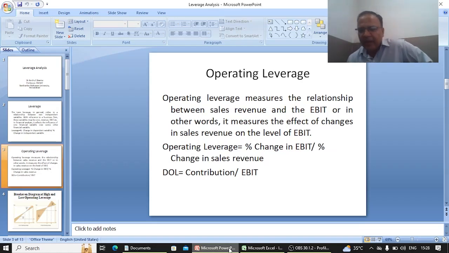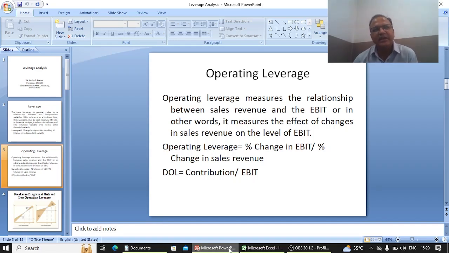Now, leverage may be bifurcated in this way. If we have to find out leverage for a business, there are two types of leverage. First is operating leverage and second is financial leverage. Now, what is the meaning of operating leverage?